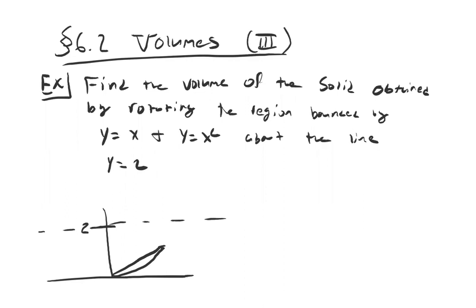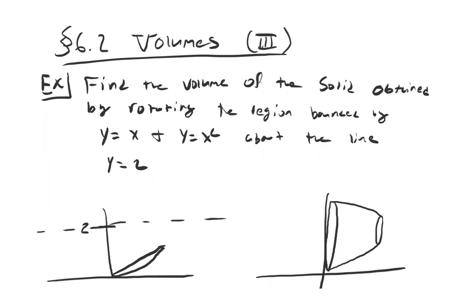I'm going to take this thing and revolve it around, and what that's going to look like, and again, art skills are not the best, I'm going to get another cone-looking thing here, except it's not going to close exactly. So inside here, I have something that looks like this. And then again, this is revolved around.